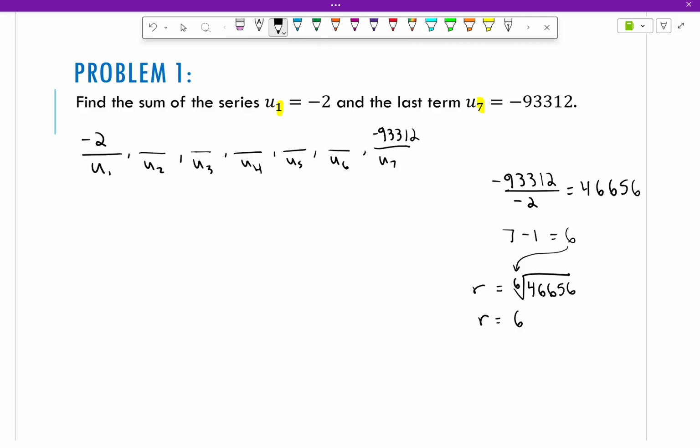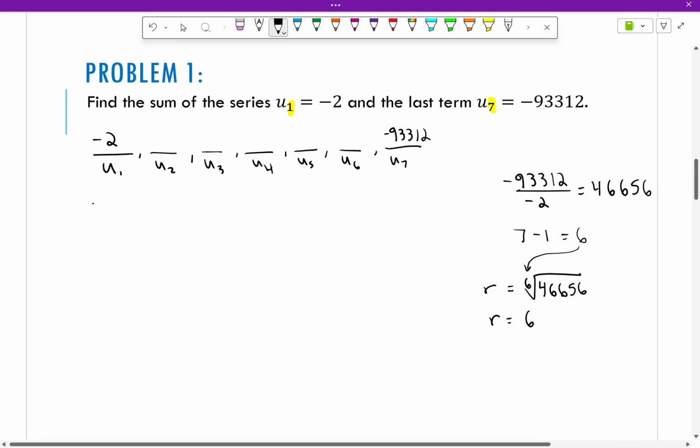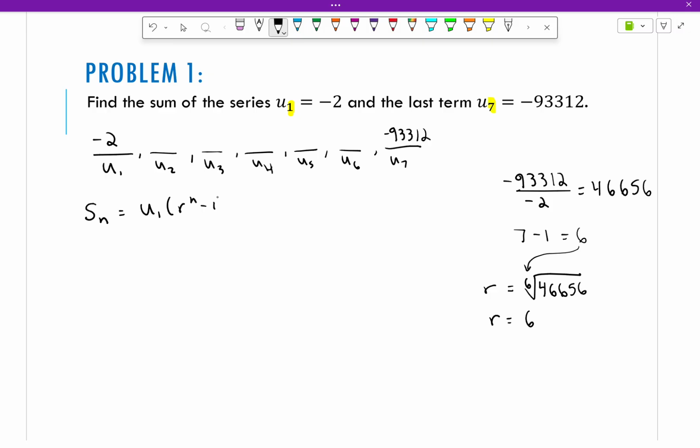Now that I know what r is, I can go ahead and figure out the sum of this series. So I'm going to use this version of the formula. Term 1 is the -2, and I'm summing up 7 numbers because the last term is term 7.